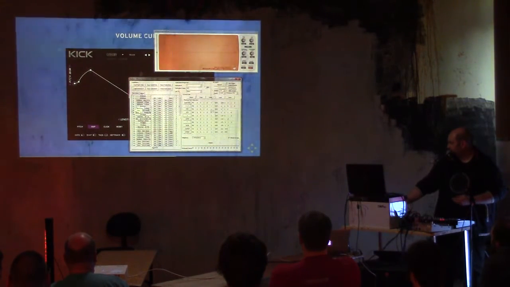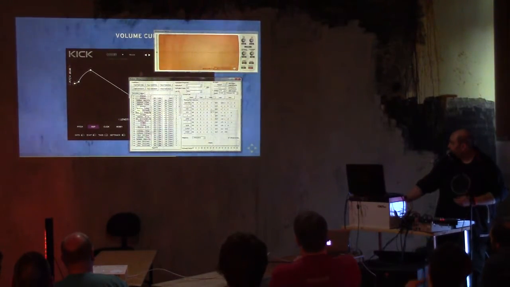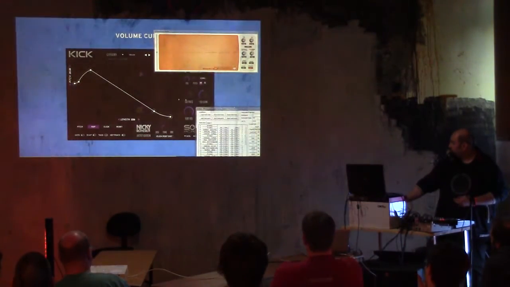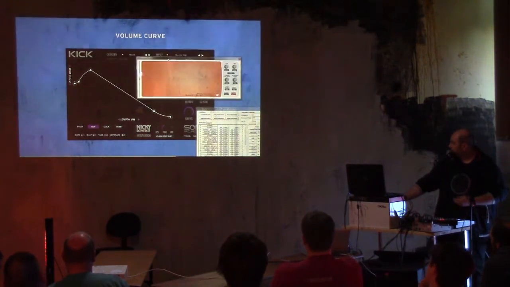So I'm basically creating a quadratic version of it, and adding the other one. So now we are pretty close to this amp envelope. It's about right, I think.